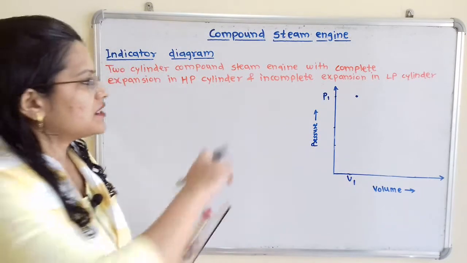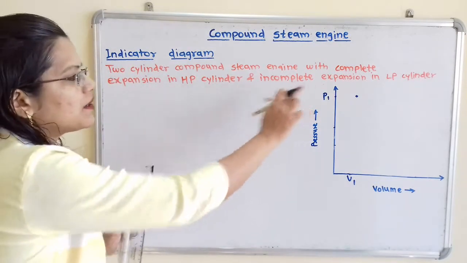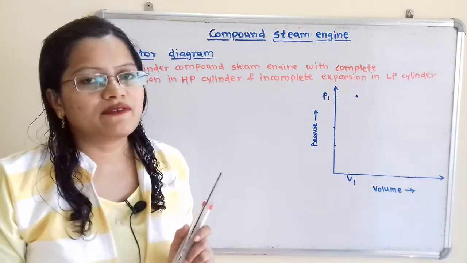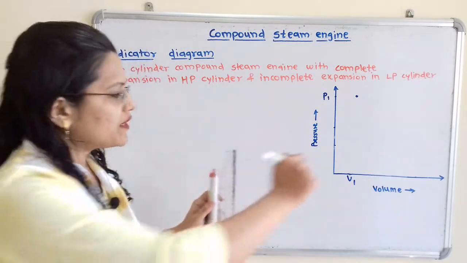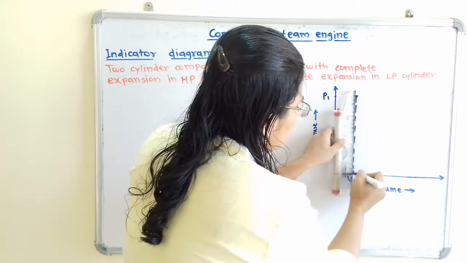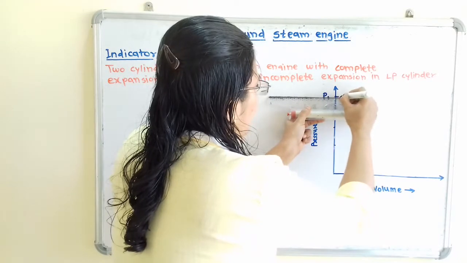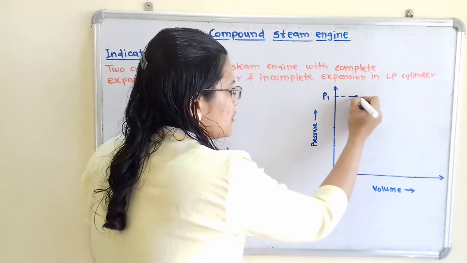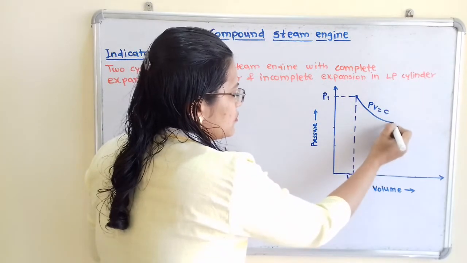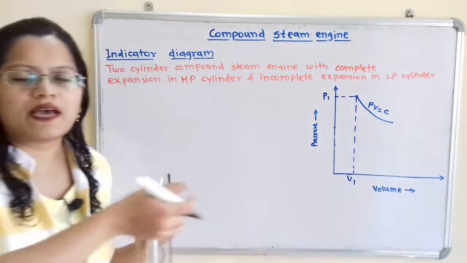Now the expansion is taking place, but here the complete expansion is taking place, and as per the law PV is equal to constant. So we have to show the expansion curve that is taking place in the high pressure cylinder. So I will show here PV is equal to C. So here after expansion what is happening?